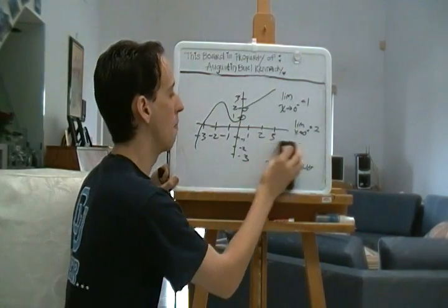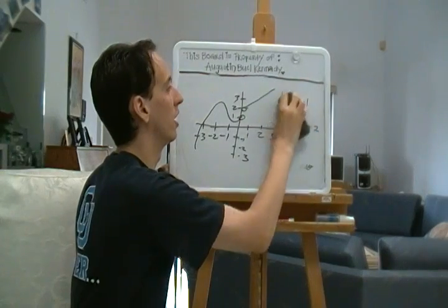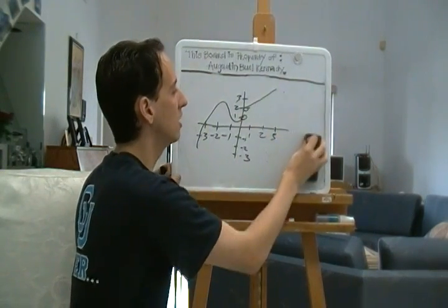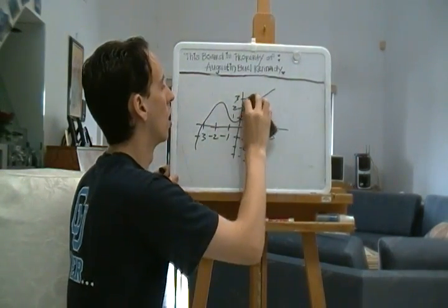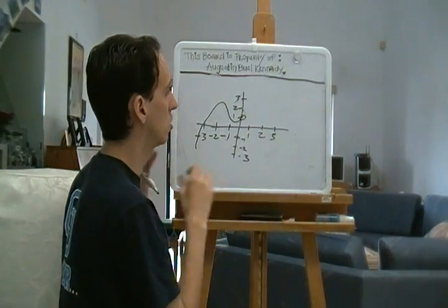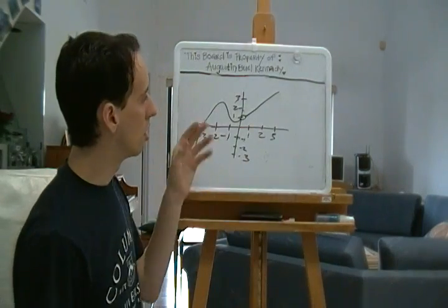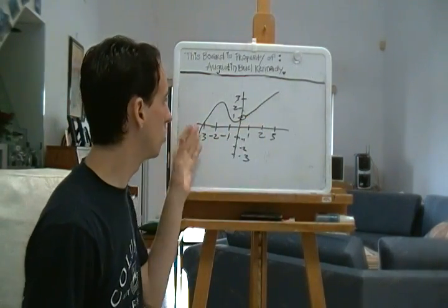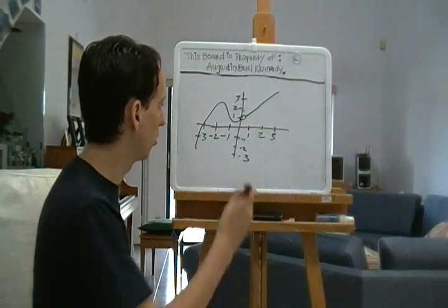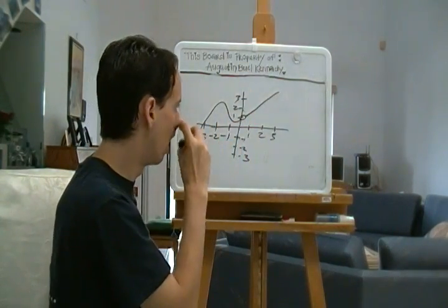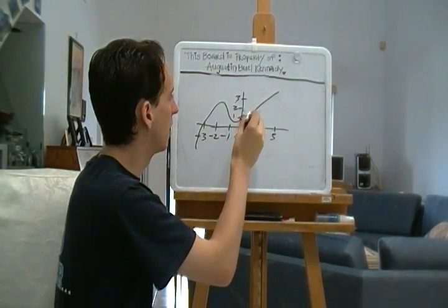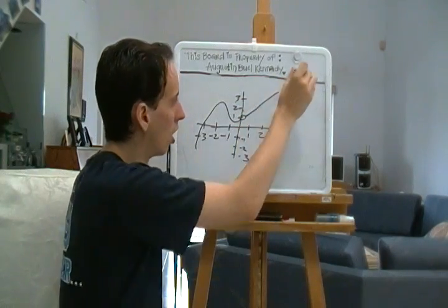However, I might choose to do something differently. I might choose the function to not be defined there and then continue like this. The function takes on two different shapes. Here it looks kind of cubic of some sort, and then here it looks like a line.